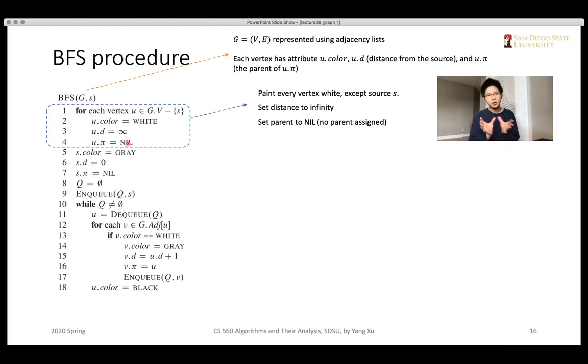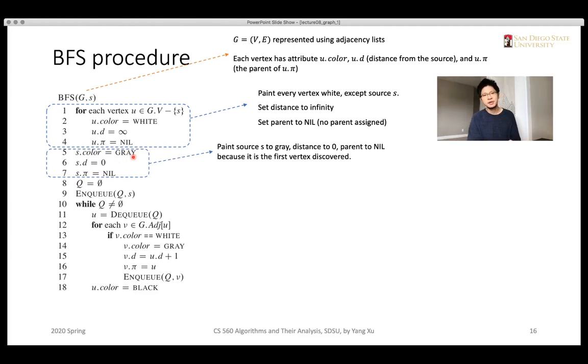All the other vertices are not visited yet, and the white color indicates unvisited or undiscovered vertices. The distance is unknown, so that's why it's set to infinity, and all the parent relationships are also unknown, so that's why this pi attribute is also none. What comes next, from line 5 to line 7, is also initialization that paints the color of the starting vertex S to gray, because this is where we start and it's first discovered.